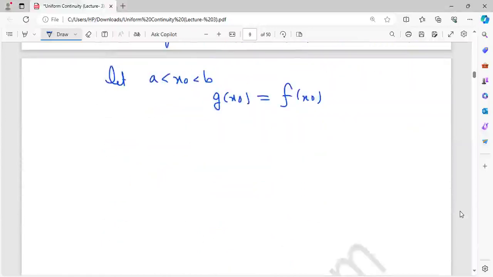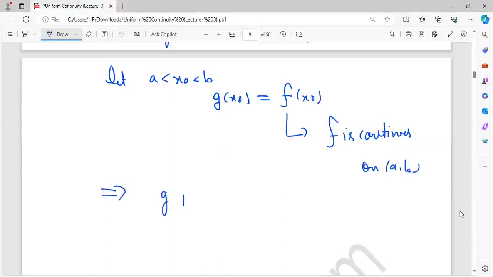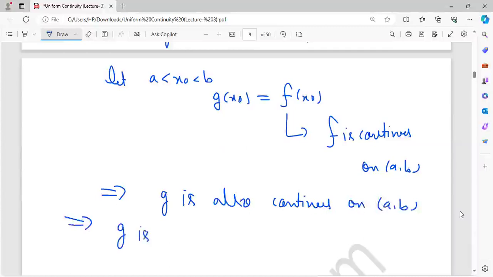F is continuous on (a, b), so this implies g is also continuous on (a, b). So my function g is continuous on the closed interval [a, b].